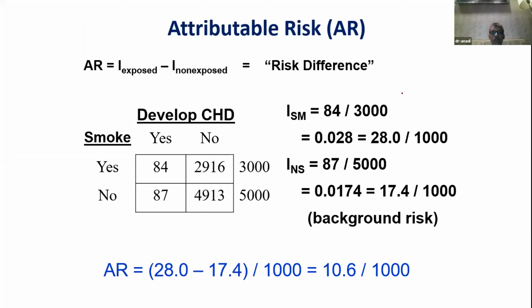So if you have certain patients who are smokers who develop chronic heart disease, there is some data. Incidence among exposed minus incidence among non-exposed is the risk difference. Your risk difference is 28.0 minus 17.4, that is 10.6 per 1,000 population.